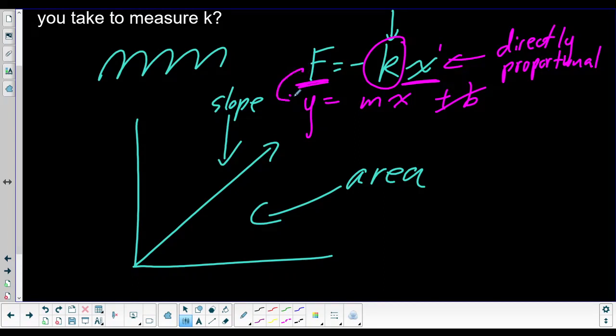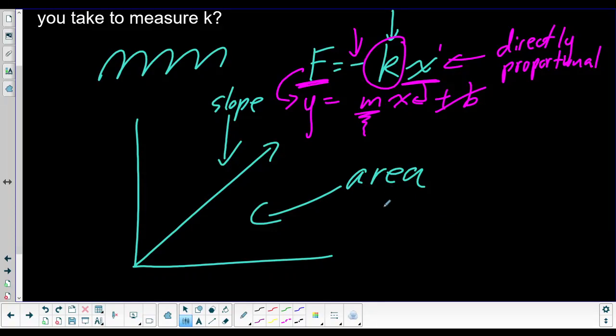We make our force the y-axis of our graph, our displacement the x-axis of the graph, and then our slope will be k. We're pretty much going to ignore this negative, just knowing that springs pull the opposite direction they're stretched.